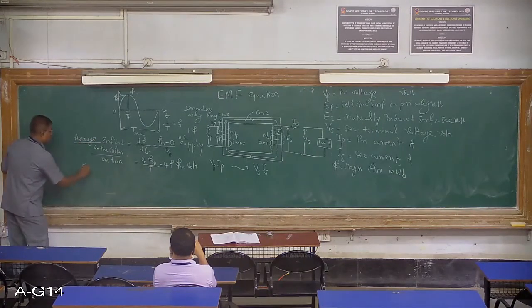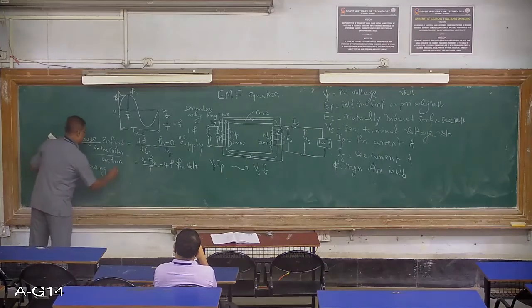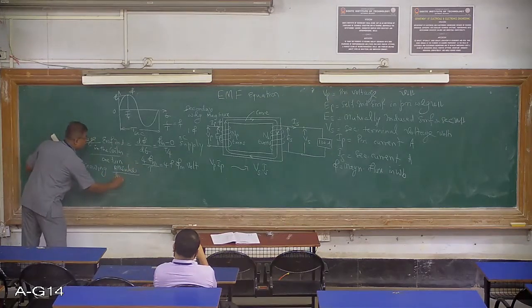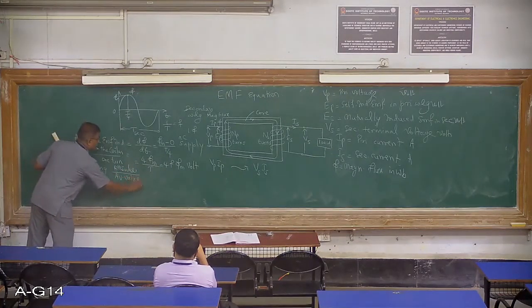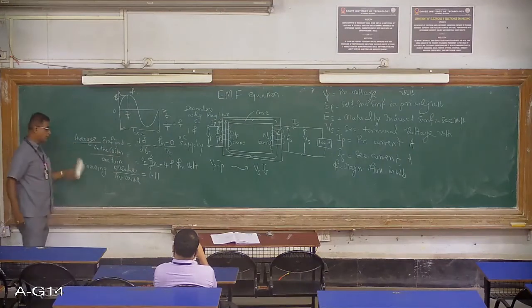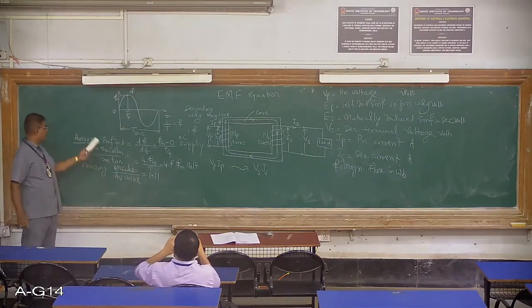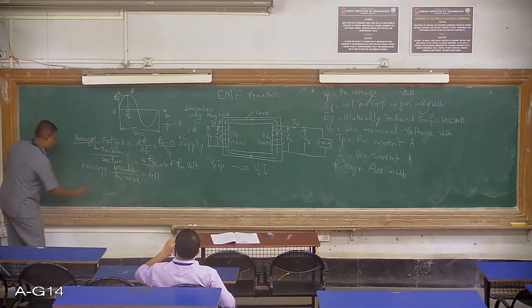Okay. So knowing the form factor, that is the RMS value by the average value, which is typically 1.11 for a sinusoidal waveform, we can convert this average EMF to an RMS value.